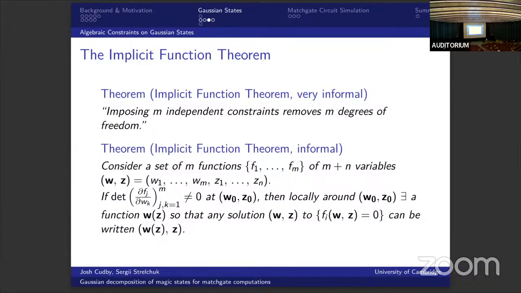And if you want a slightly more technical version, essentially we have m functions on m plus n variables. So we partition our variables into 2 sets. And if the Jacobian of the functions with respect to the first set of variables is non-zero at some point, then there is some solution of the w's in terms of the z's. So essentially, the w's become dependent variables and the z's remain independent variables.